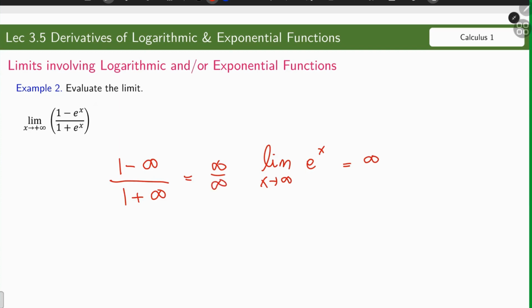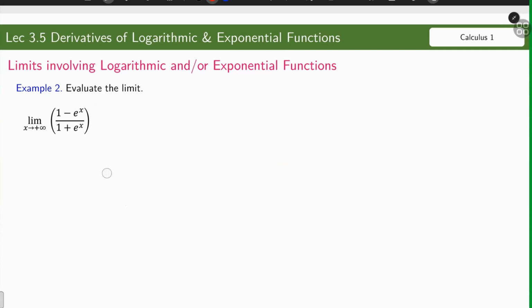So ngayon, yung gagawin natin, hanap tayo ng paraan in evaluating this. So remember from the previous discussion, when we discuss limits, just look on the video courseware if you want to, on this playlist, the limit of 1 over x as x approaches infinity is equal to 0.